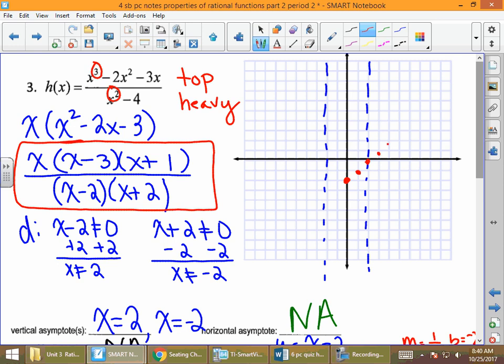Up 1 to the right 1, up 1 to the right 1. You can go down 1 to the left, down 1 to the left. And in general, when I'm drawing, I just leave it like that. I don't even connect it.